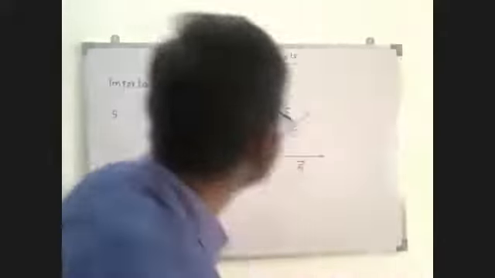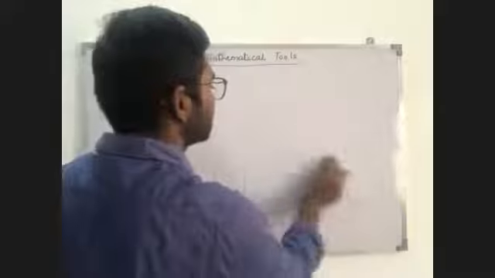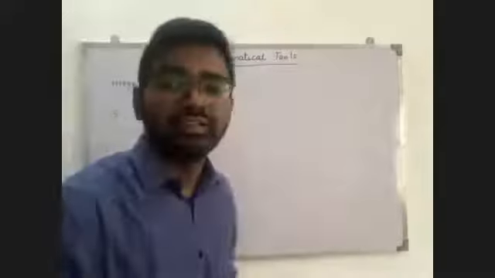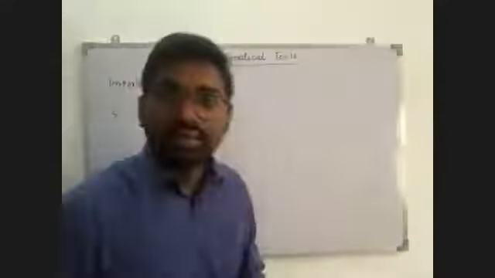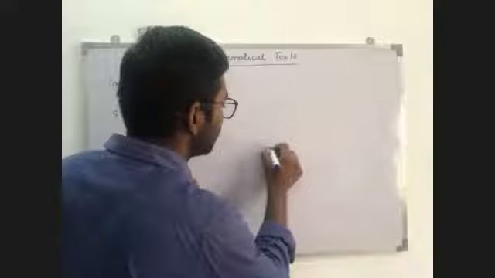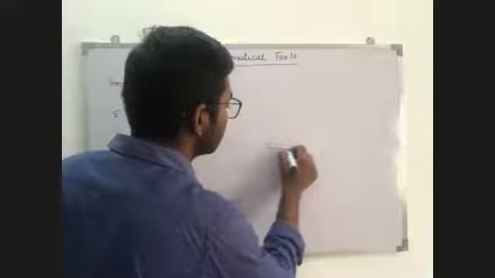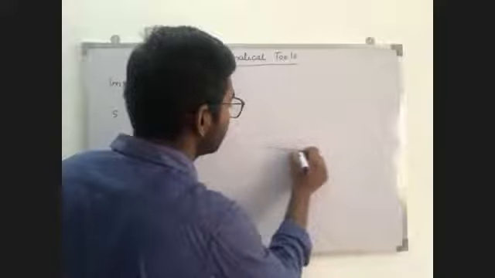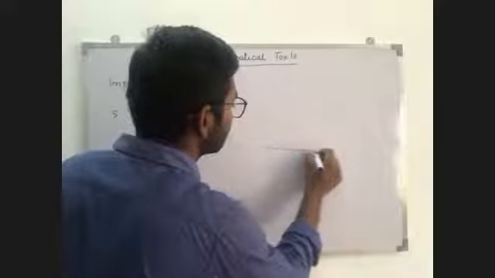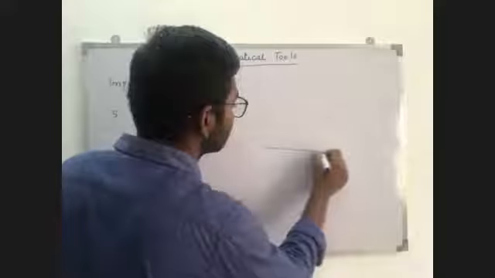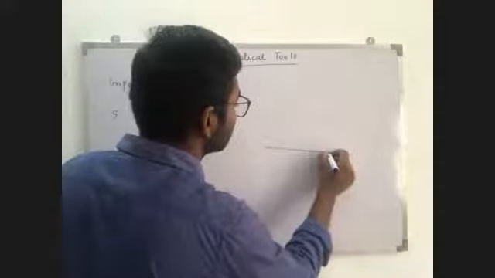Now, try to understand in a second way. Let's suppose I use the triangle addition law. So this is one vector, this is another vector, B vector.